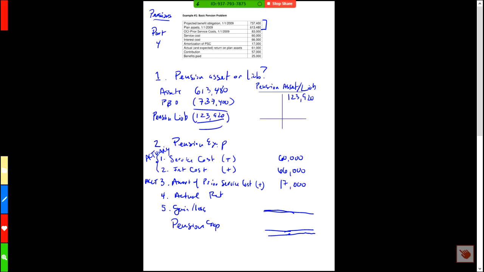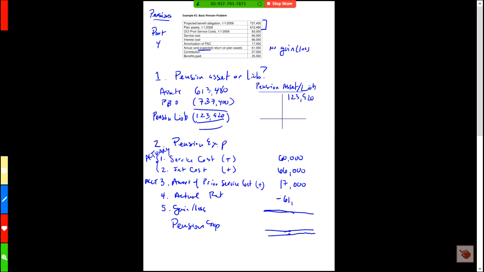All right, now the annual return, and since actual equals expected, there's no gain or loss. This never happens in the real world, but because actual and expected are equal, the gain or loss is 0. So what did we say? If it's a positive actual return, it's going to decrease pension expense.